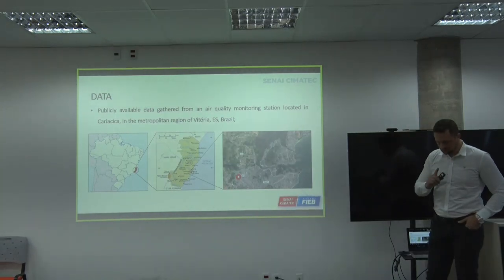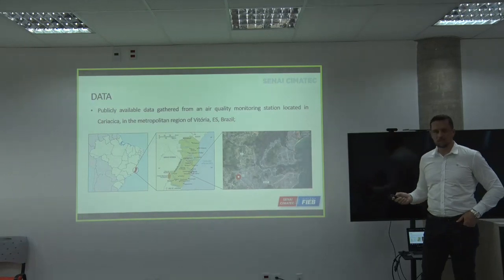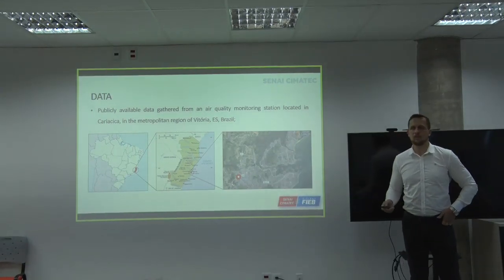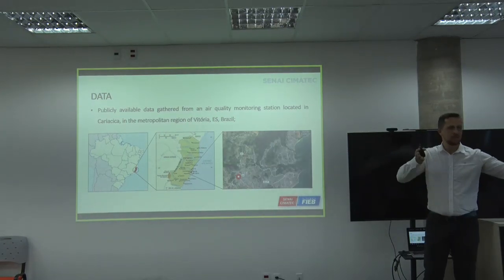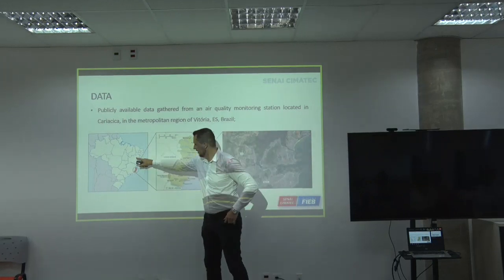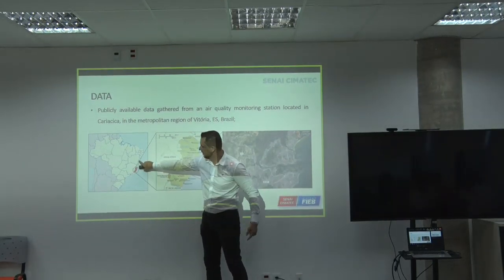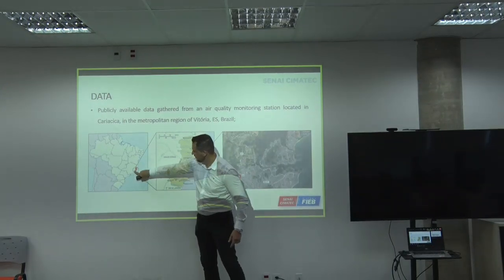So we have used data from a publicly available data set in the state of Espírito Santo. Espírito Santo state is in the south of Bahia, between Rio de Janeiro and Bahia state, right? So you can see here, Bahia state is right there. We are right here, right now, Salvador. Rio de Janeiro, São Paulo, and Espírito Santo.